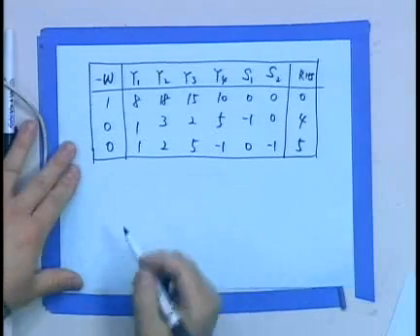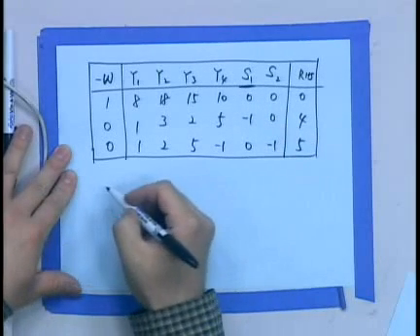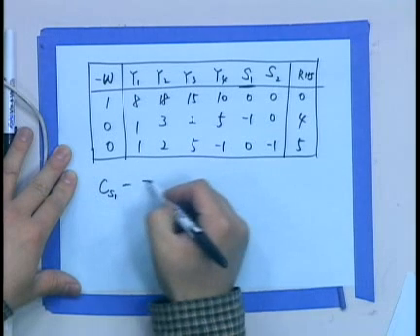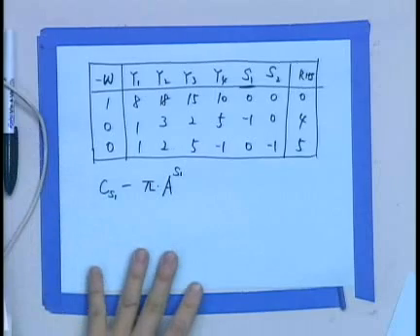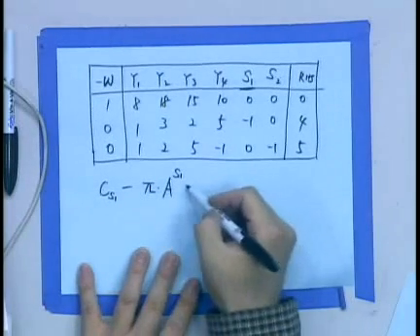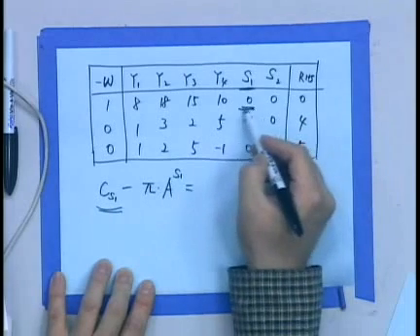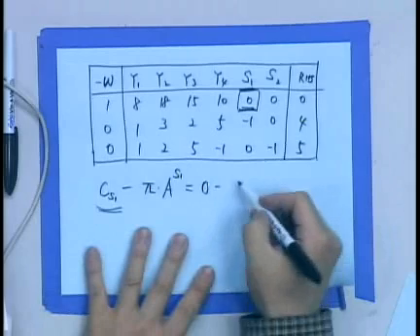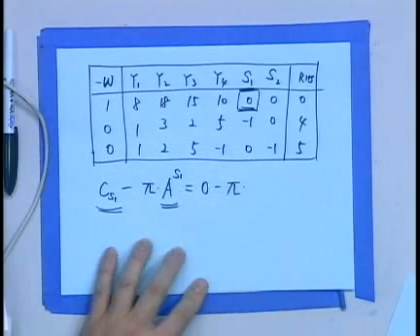And I said the reduced cost for the S1 variable can be obtained by C sub S1 minus pi times A S1, right? So C sub S1 is 0. Is that right? 0 minus pi times, what is this value?